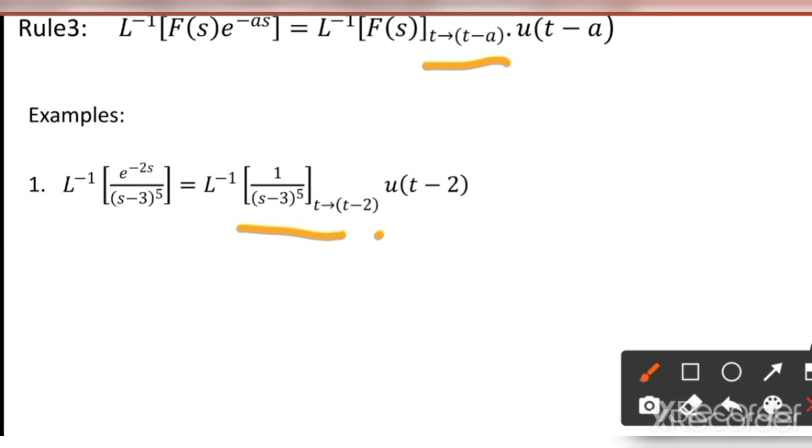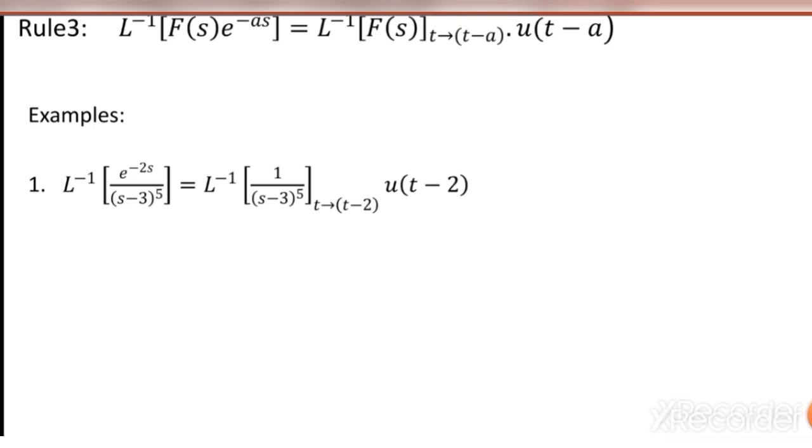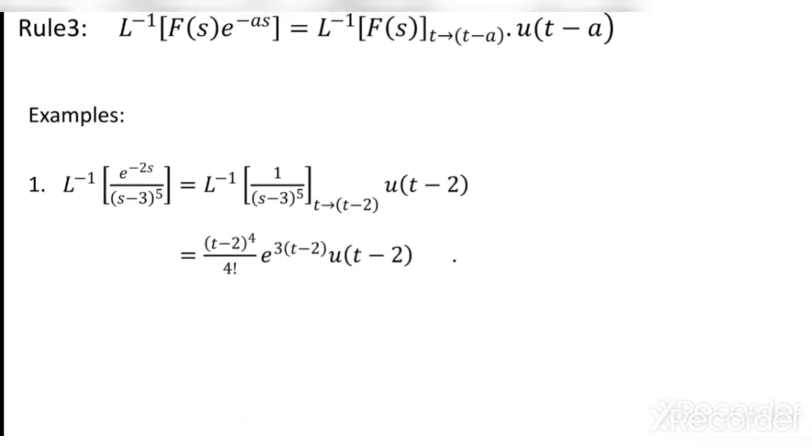So the result is t power 4 e power 3t by 4 factorial, into u of t minus 2. But wherever there is t, replace it by t minus 2, which gives t minus 2 power 4 by 4 factorial e power 3 into t minus 2 u of t minus 2.